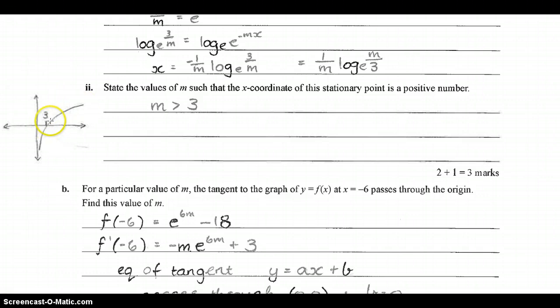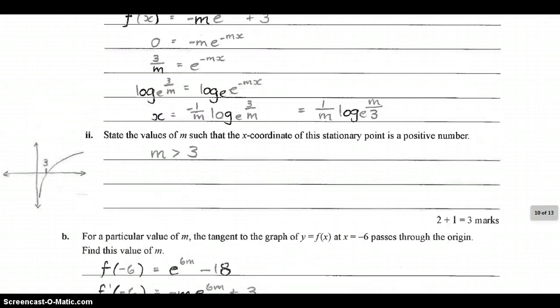And the x-intercept here is going to be 3, because log of 3 on 3 is log of 1, which is 0, which gives you your x-intercept. So for the x-coordinate to be a positive number, m needs to be greater than 3.